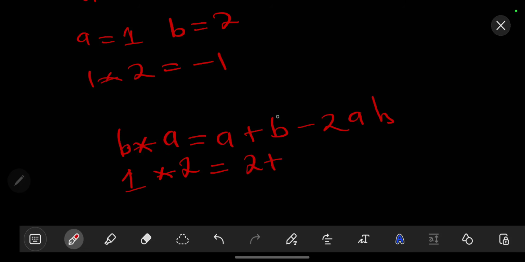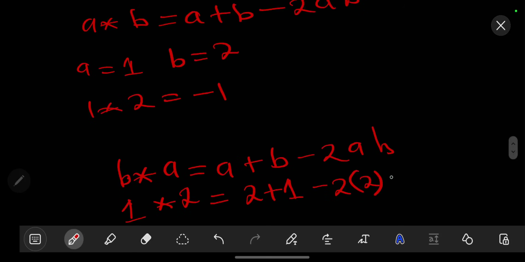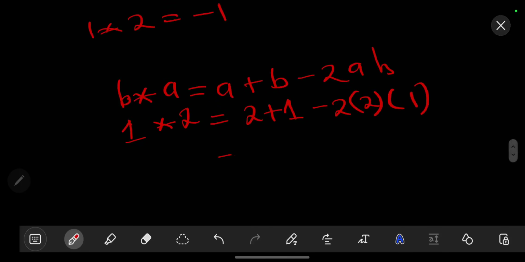So you have 2 plus, where b is, you put 1, then minus 2 times a, which is 2, times b, which is 1. So we have 2 plus 1, that gives us 3, minus 2 times 2 times 1, which is 4, giving negative 1. So this is our 1 star 2 for where we have b star a.